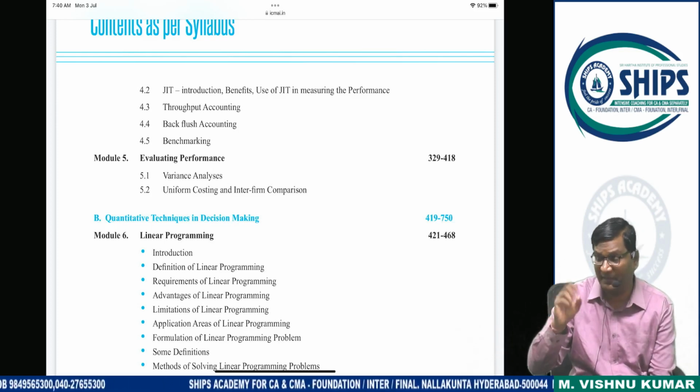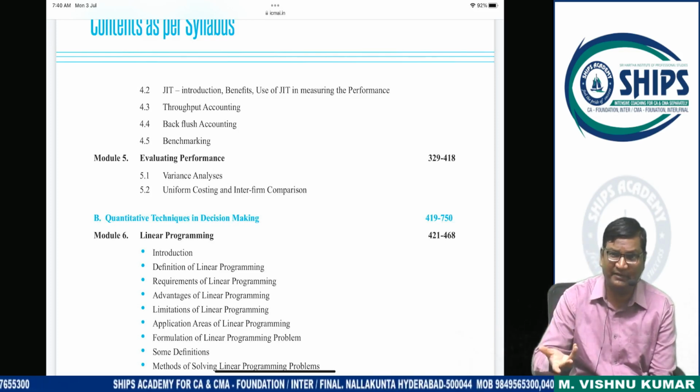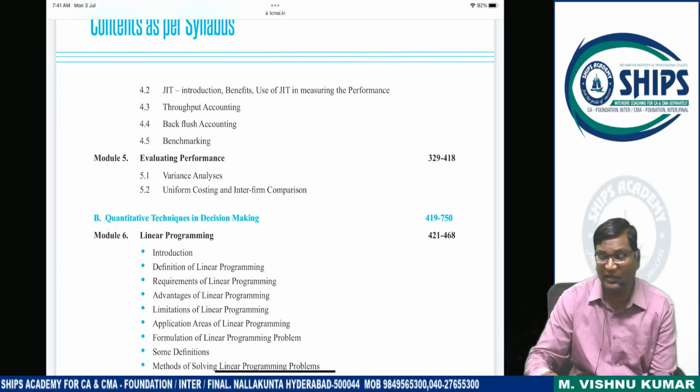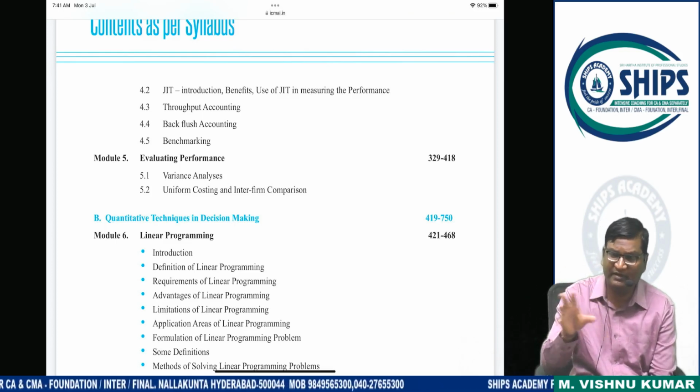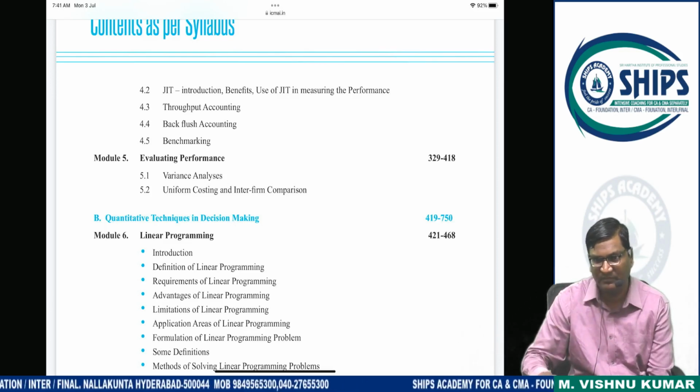So mostly employees are permanent, and if they are permanent, their wages will be fixed. So in throughput accounting, direct labor and variable overhead connected with direct labor is treated as fixed cost.